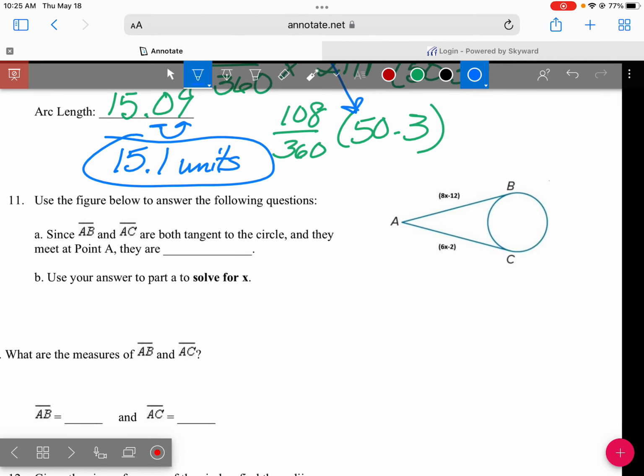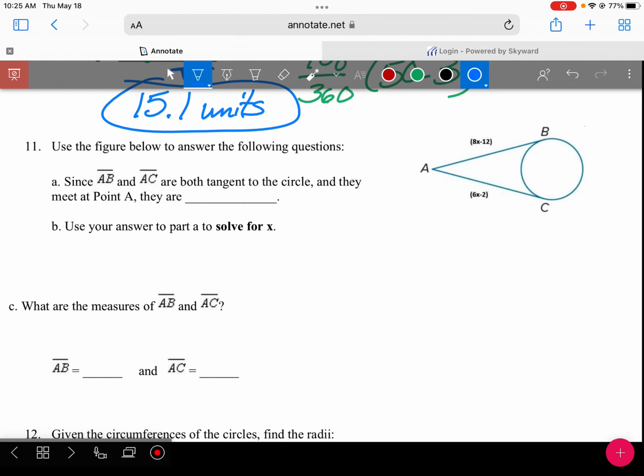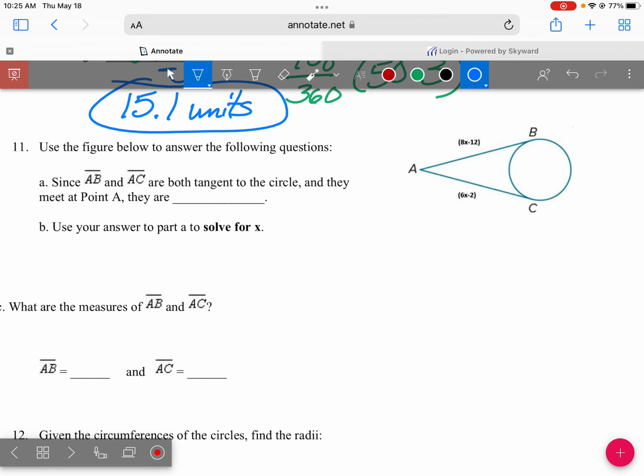Use the figure to answer the following questions. Since line segment AB and line segment AC are both tangent to the circle, they meet at point A, they are said to be what? What are they said to be if they're the same length? Yes, congruent.